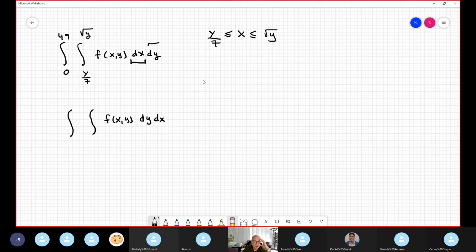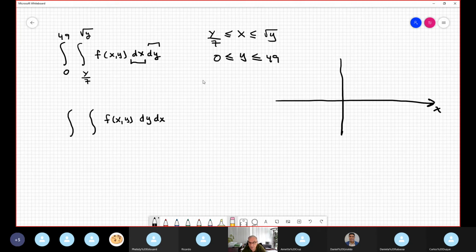And y, the second integral, will vary from 0 to 49. Okay, but this is not enough for me. I need to see it graphically to understand much better.